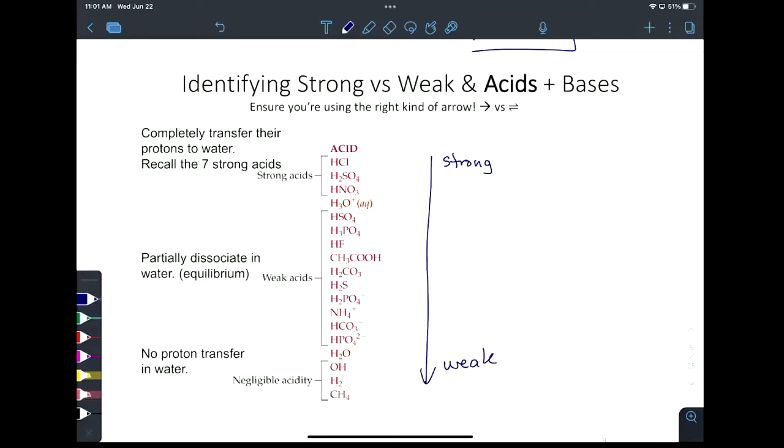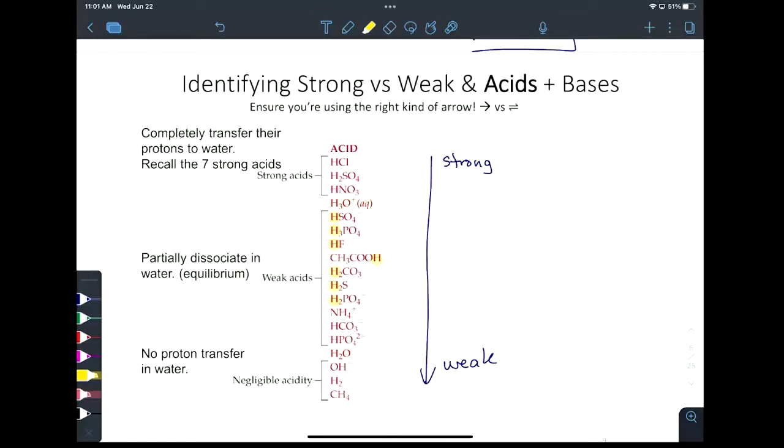At the top, we have a lot of our strong acids that we've already identified, just some of them, not all of them. But as we go down this chart, we see how these are ordered. The acids get weaker and weaker and weaker. So these middle ones are weak acids. They only partially dissociate their acidic hydrogens here.